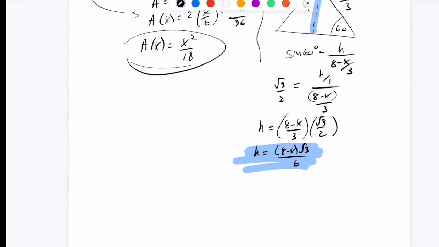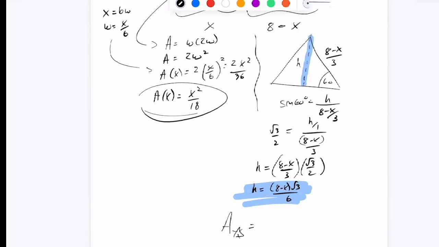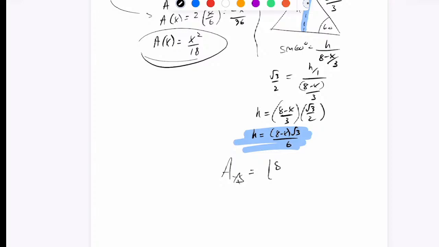So the area of this triangle, the equilateral triangle, is going to be a base, which is (8 minus x) over 3. The height is root 3 over 6 times (8 minus x), and the whole thing is divided by 2.